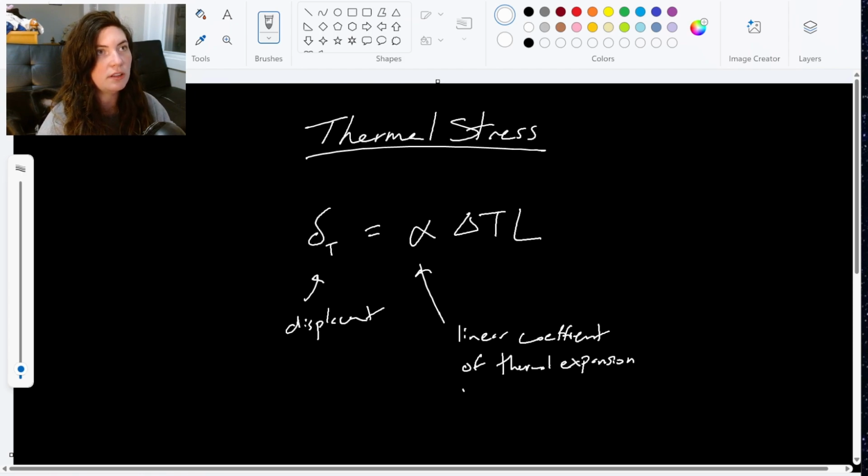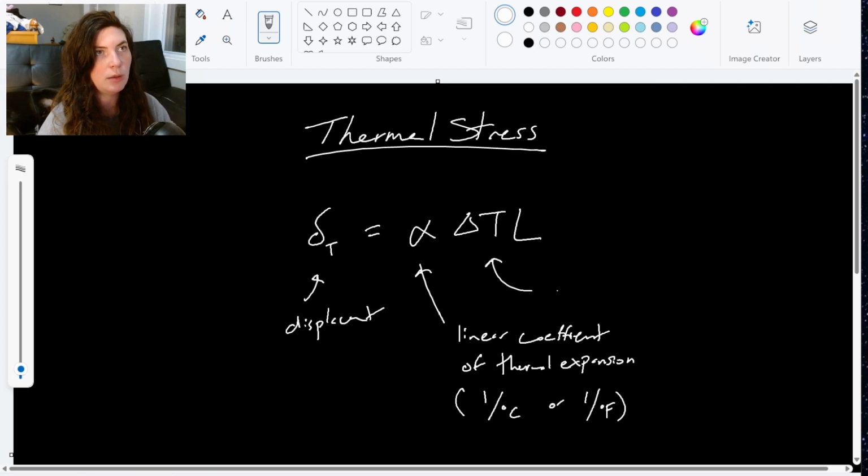And the units on this are going to generally be 1 over degree C or 1 over degree F. So that makes our units cancel out with our temperature units so that all we're left with is a length and a length, right? So our length units are going to match, our temperature units will all cancel out.